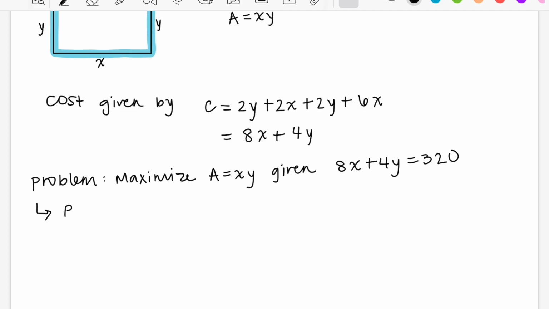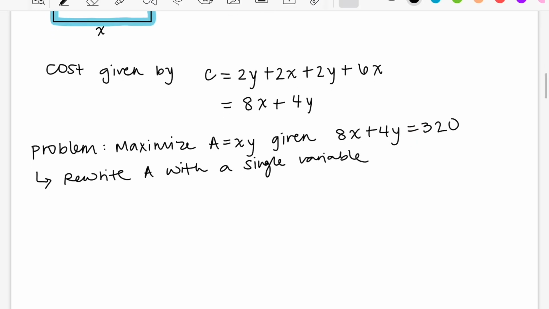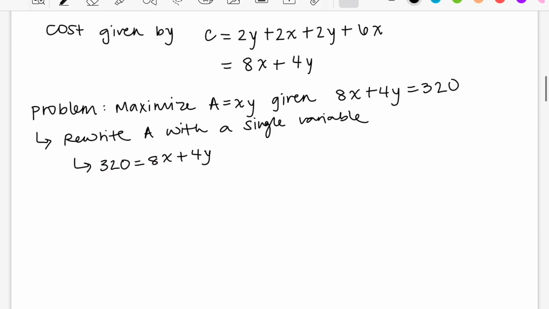So we're going to rewrite A with a single variable. And so again, we're going to use this equation here to solve for y, and then write A in terms of just x. So using this equation, we'll solve for y by subtracting 8x on both sides and then dividing this whole thing by 4.